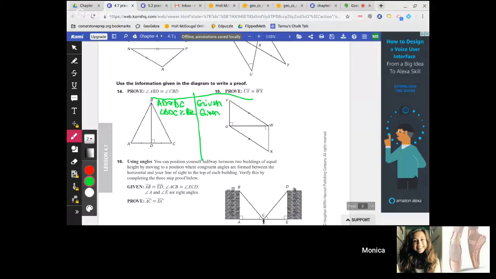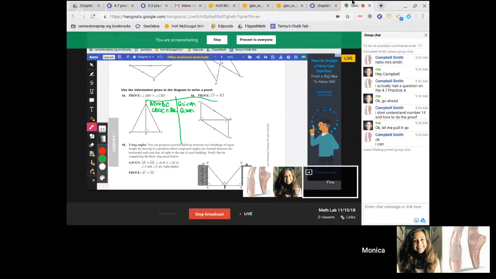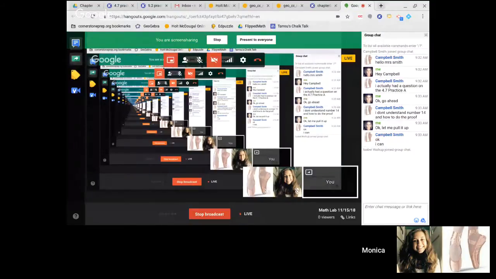So if we look at where it tells us that angle BDC is a right angle, what else can we figure out from that? Sorry, I know the screen kind of goes way out when I have it open like this.